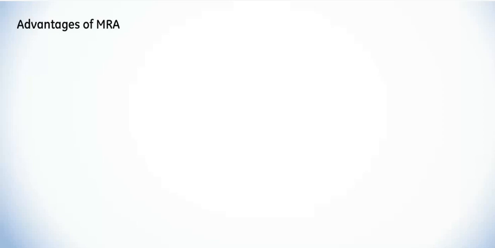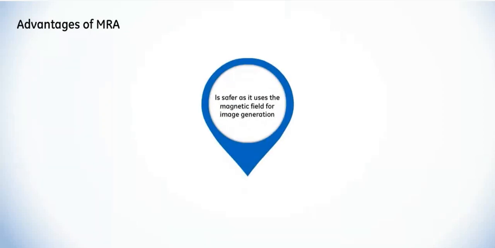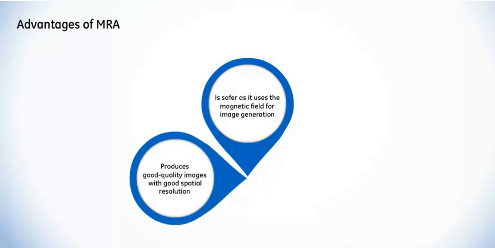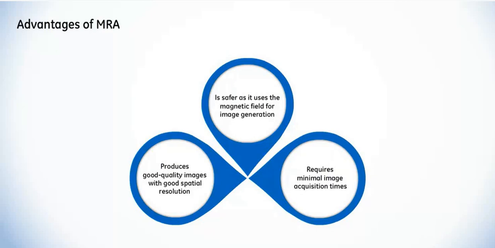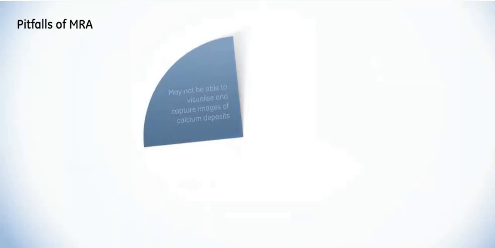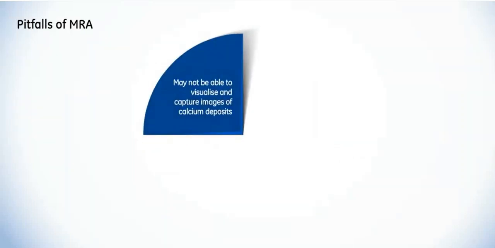MRA, by virtue of using magnetic fields for image formation, is safer compared with ionizing radiation that is used in CT. CEMRA provides images of good quality and resolution with minimal image acquisition time. However, the salient drawbacks of MRA are that it may not be able to visualize and capture images of calcium deposits.